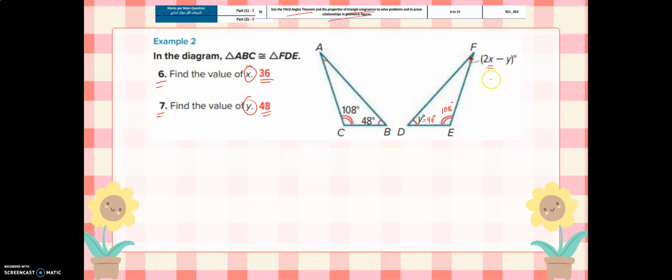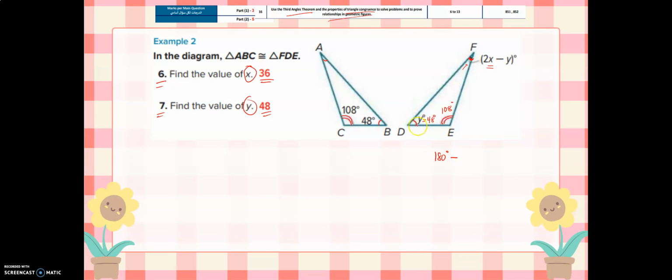So how are we going to do that? In this example, we need to find out first what is the value of F right here. So what we're going to do is to use the triangle angle sum. So we know that the sum of the measures of all the angles in a triangle is equal to 180 degrees.